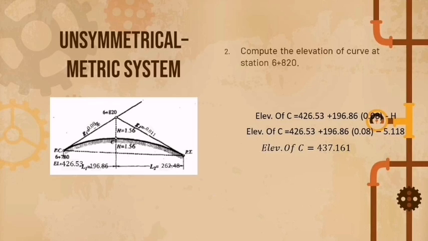Elevation of C is equal to 426.53 plus 196.86 multiplied by 0.08 minus the h, or 5.118. If we compute, we'll get the elevation of C is equal to 437.161.